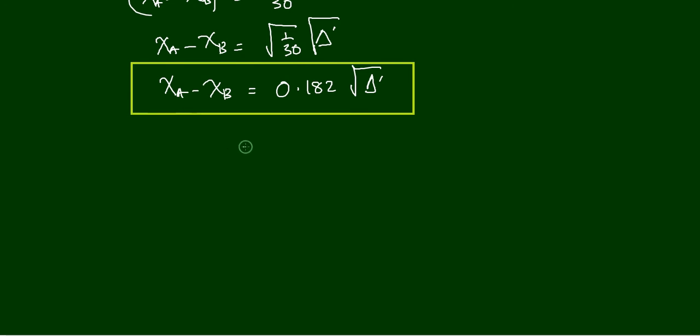Here also you have to remember that when you are calculating root delta dash, you have to put your dissociation energies in kilocalorie per mole. Sometimes you may be given the values in kilojoules. For example, when a question in the examination gives the bond dissociation energies in kilojoules per mole, then you have to convert kilojoules per mole to kilocalorie per mole.